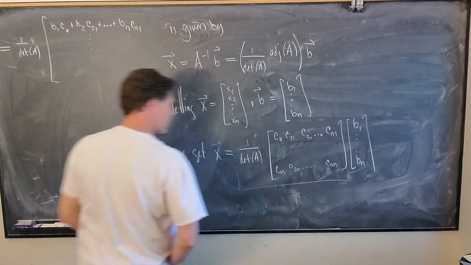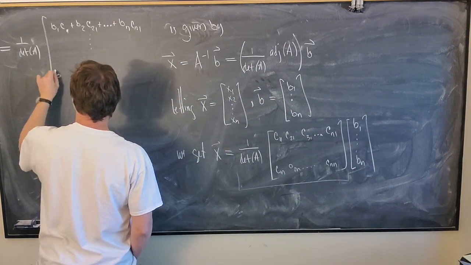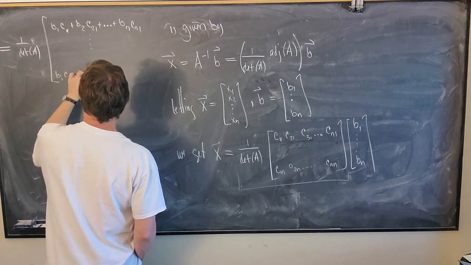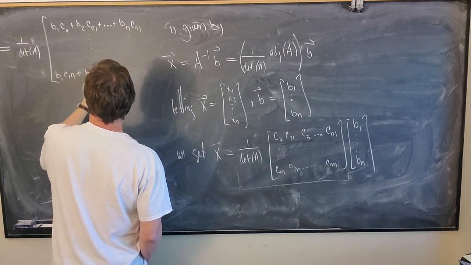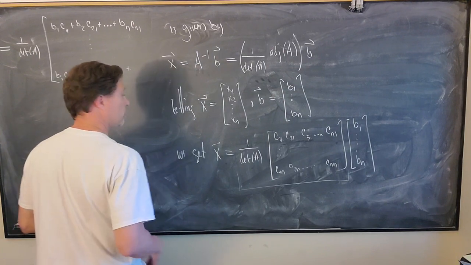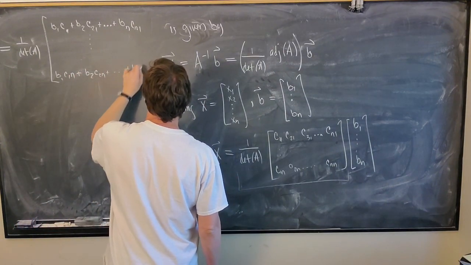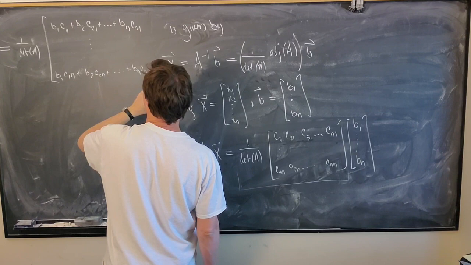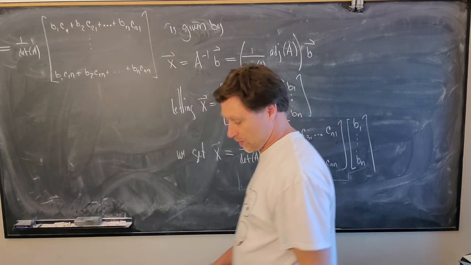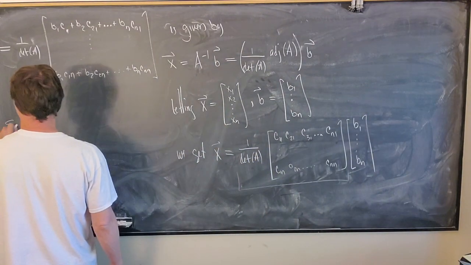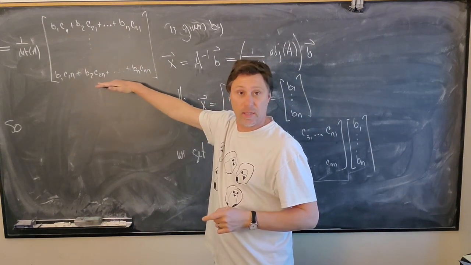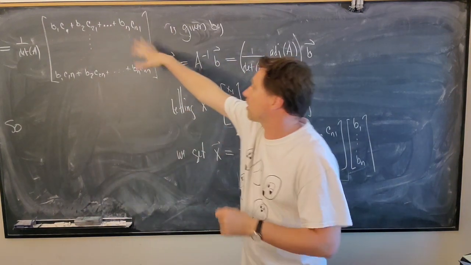And then when we get to the last one, it's going to be B1 times C1n plus B2 C2n, dot, dot, dot, and eventually we get to Bn Cnn. So what that tells us is that X is equal to this column vector right here.